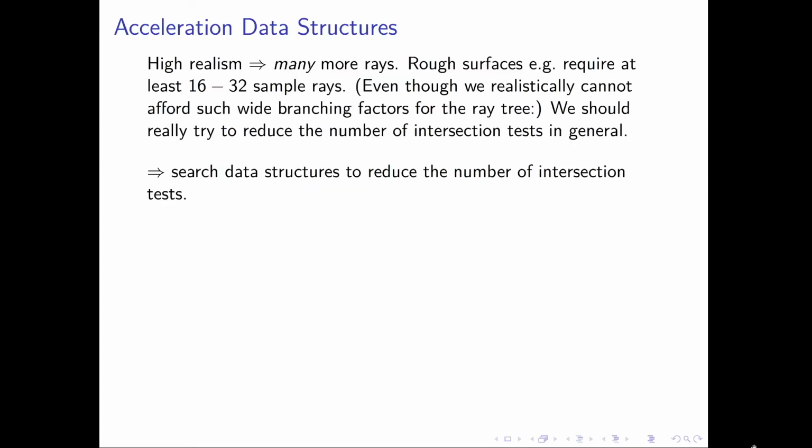The problem is really that in order to achieve high realism, we have to trace many more rays, and at the same time, with increasing scene complexity, testing rays against all the scene geometry is just not feasible. Therefore our only option is to use some type of acceleration data structure to accelerate this process of finding closest or finding any hits in the scene geometry.